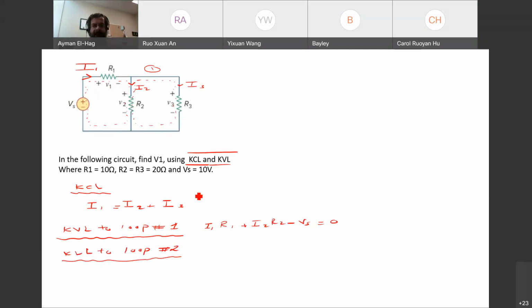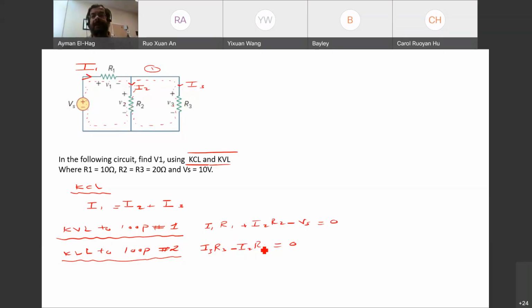It doesn't really matter. So this voltage is I3 R3, go around, minus I2 R2, equal to 0. So now we have 3 equations, 3 unknowns, then I'm done. Then I can solve them.